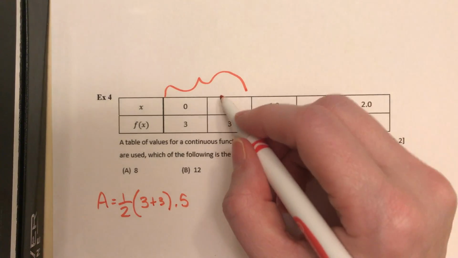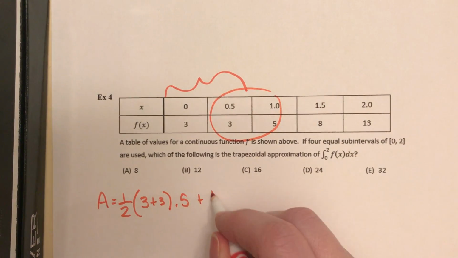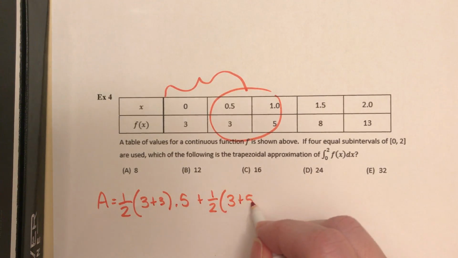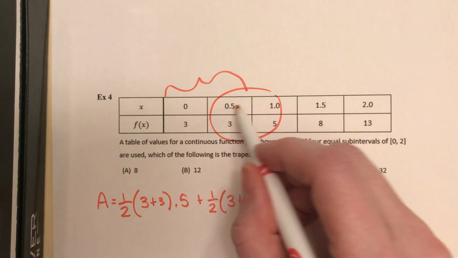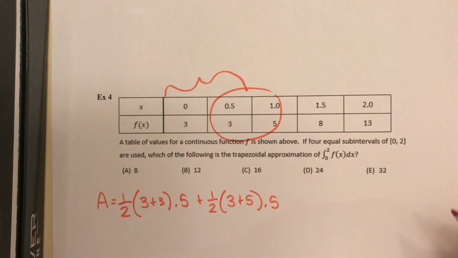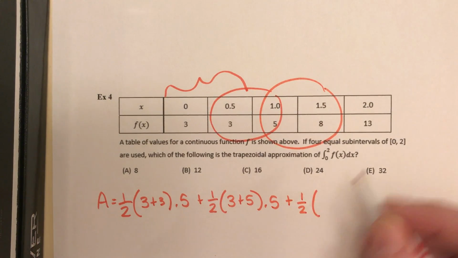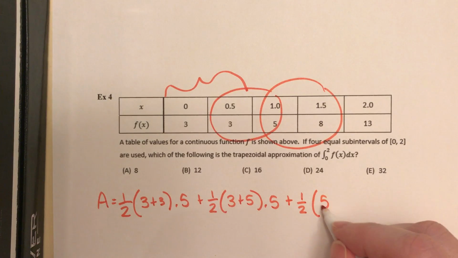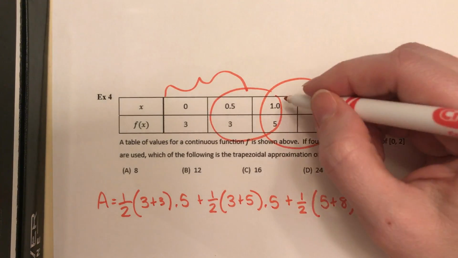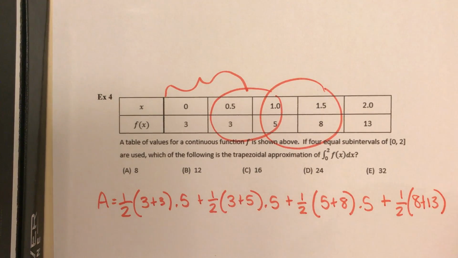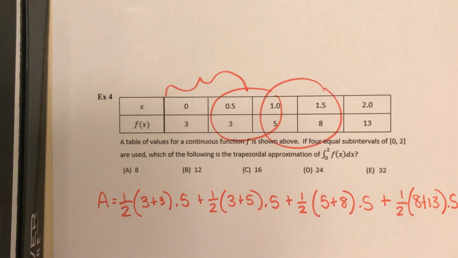The second trapezoid, 1/2. The two parallel sides would be 3 and 5. The distance in between those two parallel sides would be 0.5. Next trapezoid, 1/2. The two parallel sides would be 5 and 8. The distance in between would be 0.5. And then the last trapezoid, two parallel sides are 8 and 13, and the distance in between is 0.5.